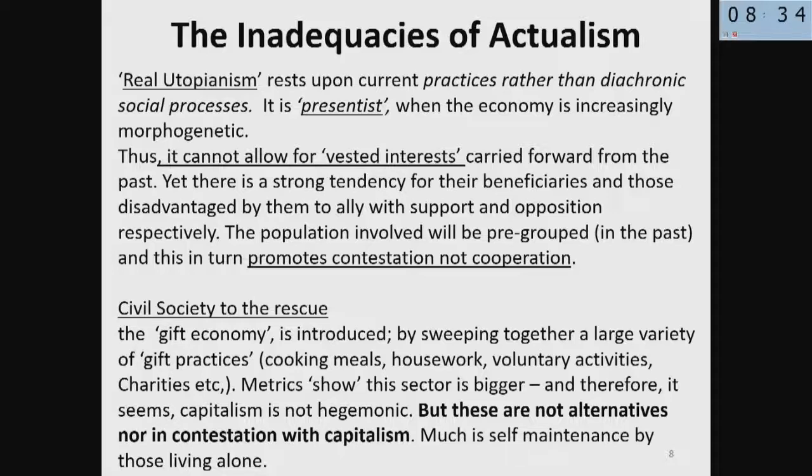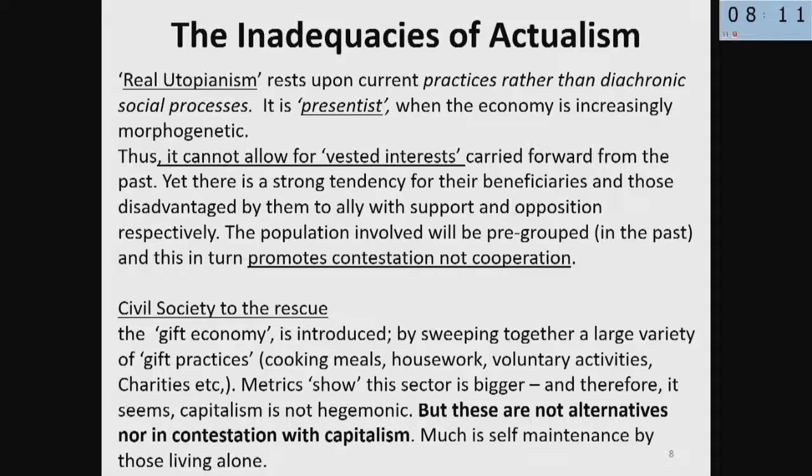Now, this, I believe, is a fundamental error because the economy itself, throughout the world, is increasingly morphogenetic, subject to intense change in mode, means, etc., of production.